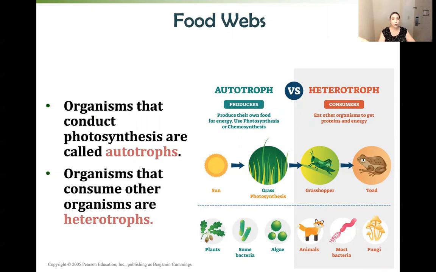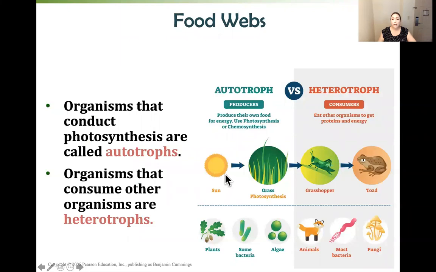Now, a heterotroph is an organism that eats other organisms. Okay, so let's look at the picture here. Now, an autotroph, we also call those producers, right? They're producing the food for the ecosystem.